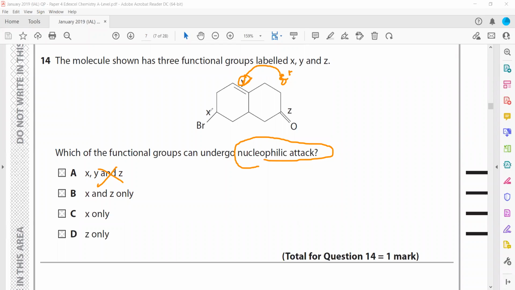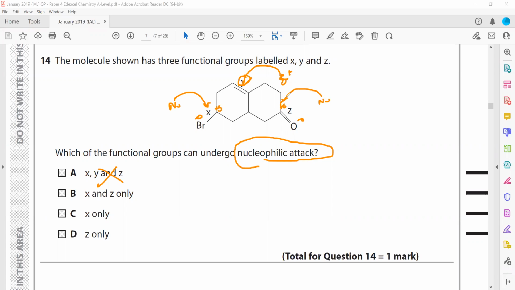Now what about Z? Because you can see here, this carbon will be partial positive, bromine negative. And here also oxygen negative and carbon positive. So any nucleophile can attack on this carbon or on this carbon. So one is a halogen alkane group. In halogen alkane, there's a nucleophilic substitution reaction.